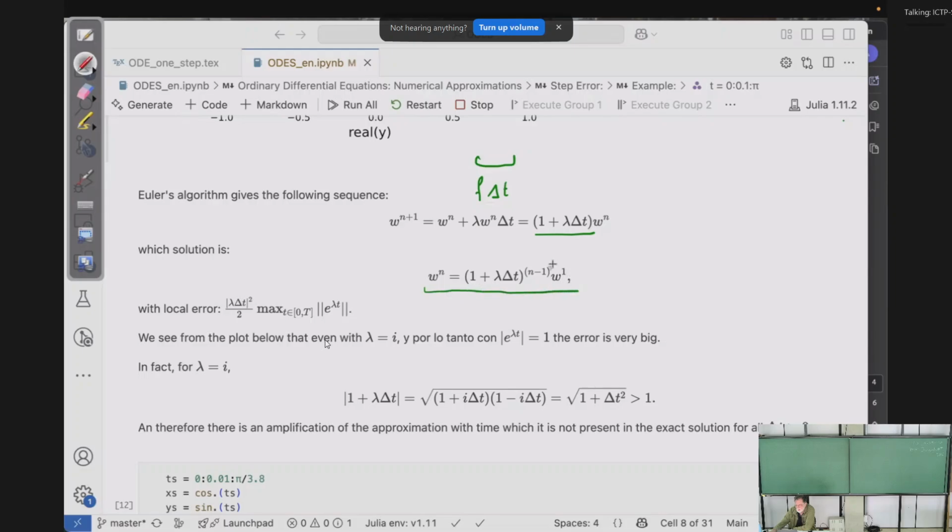So you take the first value and you multiply by this number to the n minus 1, and you get this. And the local error now is like this. If lambda is imaginary, this is 1, so the error is bounded by delta t squared over 2.